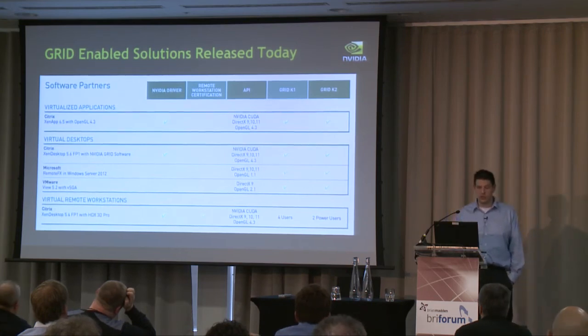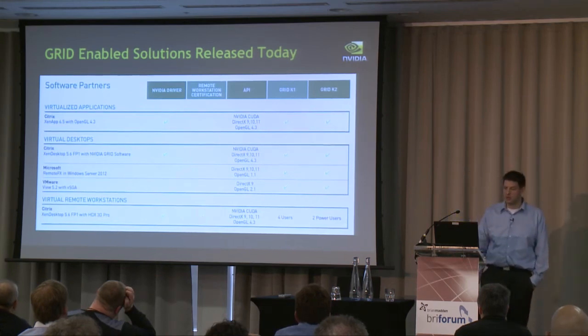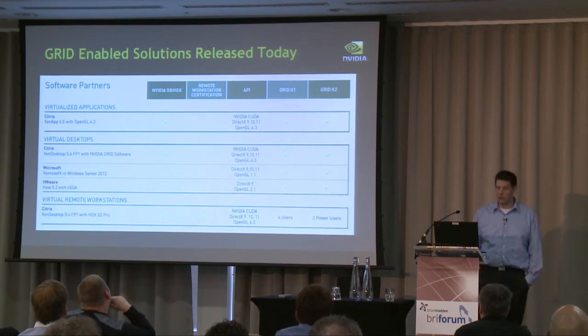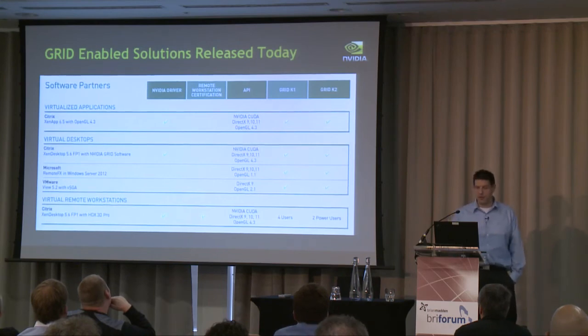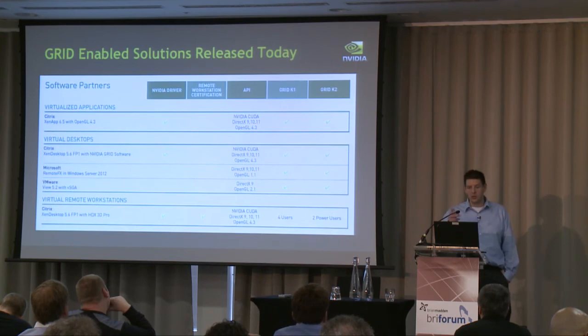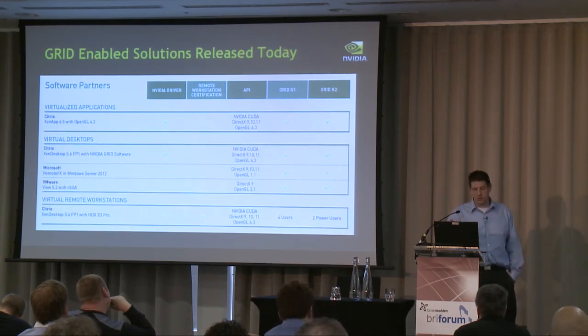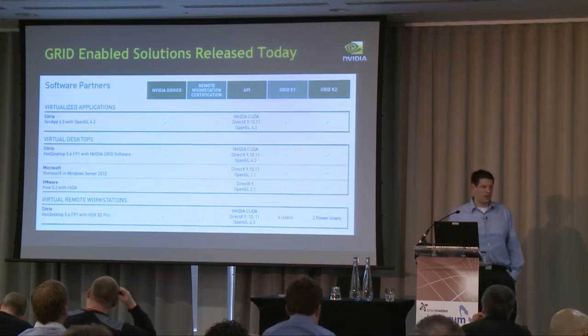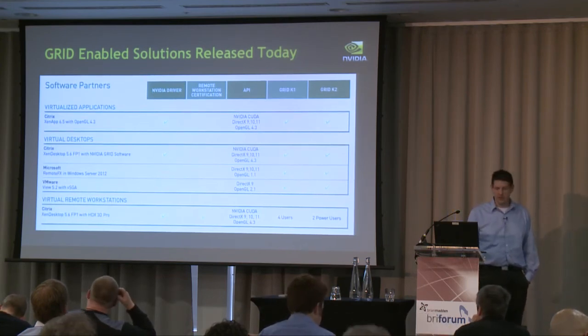Then you have two shared GPU models. One is with Microsoft RemoteFX using Windows Server 2012, and the other is VMware View 5.2 with vSGA. Here you do not directly use the NVIDIA driver, and for that reason you use an API intercept model, and therefore you downgrade to DirectX 9, 10, and 11, and OpenGL 1.1 in the Microsoft case.